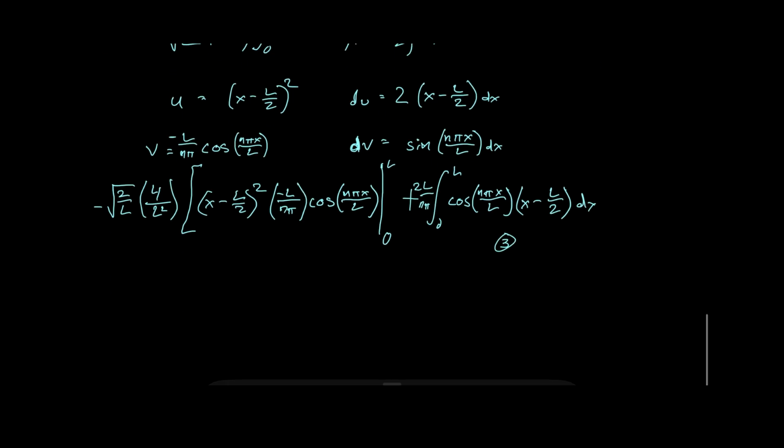Okay. Now, we've got this third integral here. So let's solve this one, and then we'll dive into the next one. So this one, we have limits of integration L and 0. So when cosine is at L, we get 1 again, right? So we get the same thing. We get this minus 1 to the n, minus 1, times all that stuff.